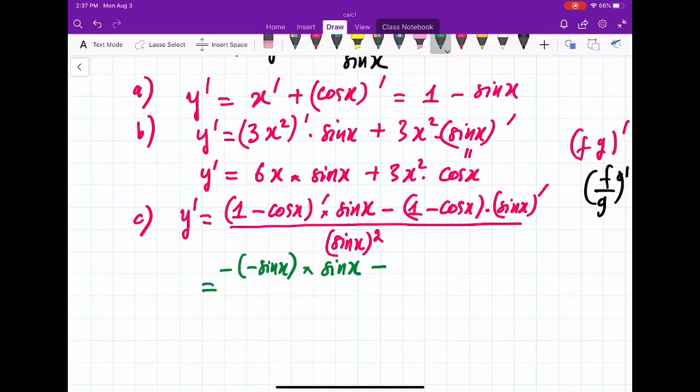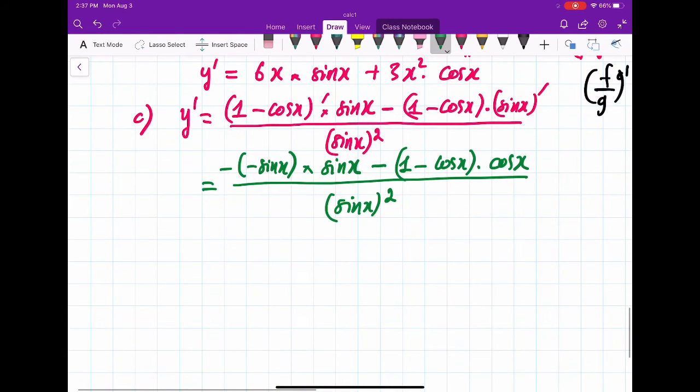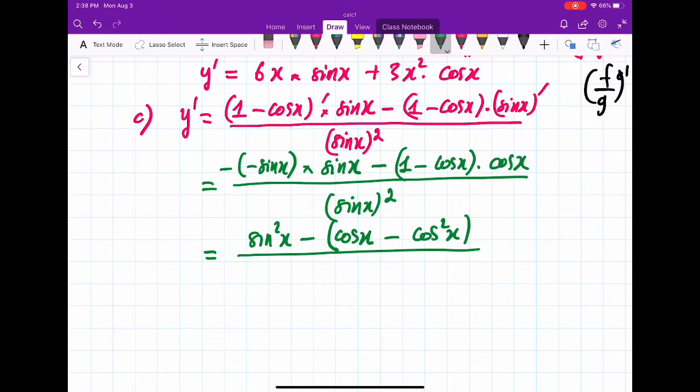And in here I have 1 minus cosine times cosine, divided by sine x squared. So negative would be plus, right? So I have sine squared minus, for this one, I have cosine, and then minus cosine squared. You see that? So I have sine x squared.